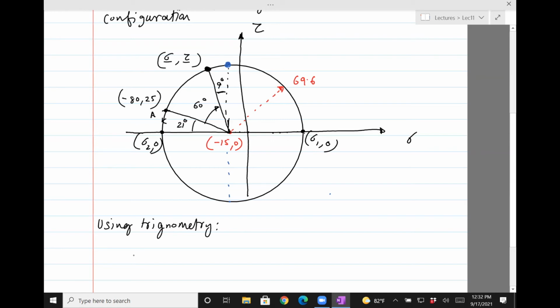And you can see that sigma is going to be the center minus 15. And then I need to find this distance. So this distance is going to be the radius of the Mohr circle times sine of 81 degrees.